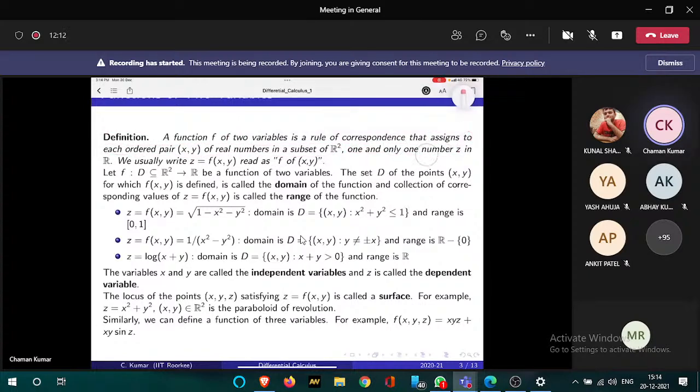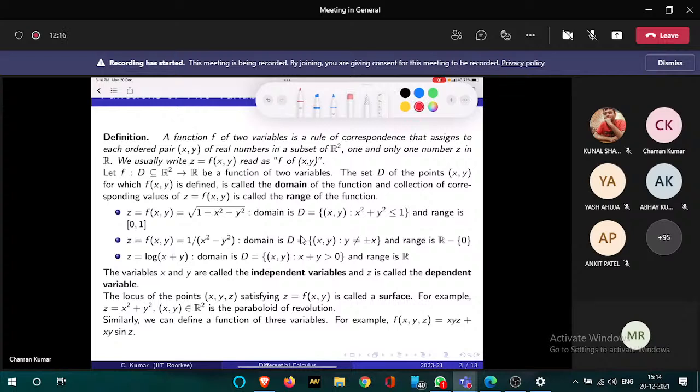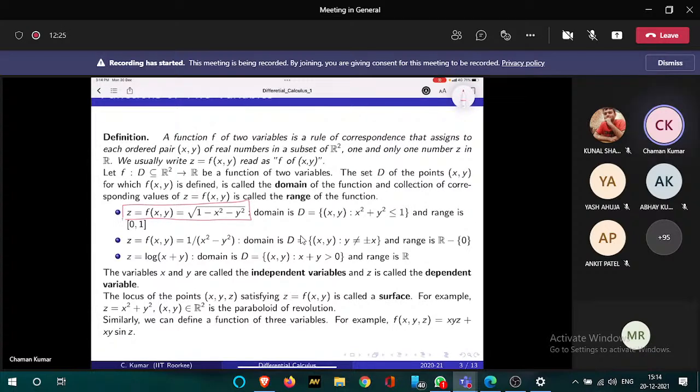So for example, let us consider this. Here one can clearly see that as long as x square plus y square is less than or equal to 1, the function is well defined. If x square plus y square is greater than 1, then the function is not well defined.